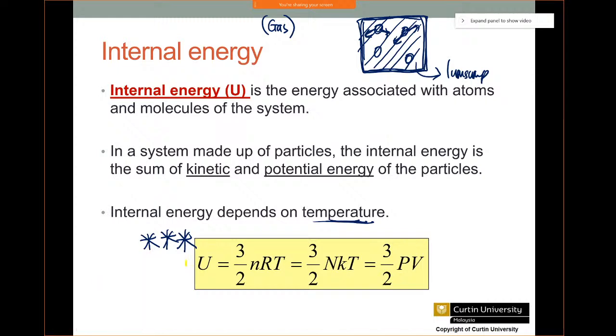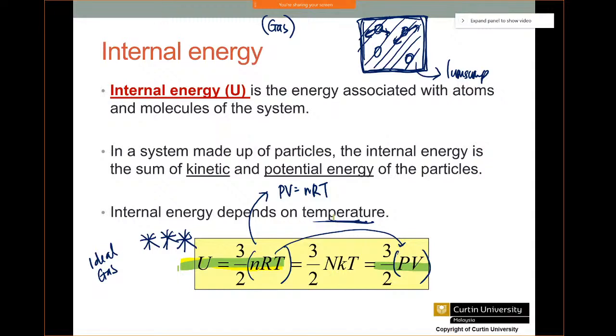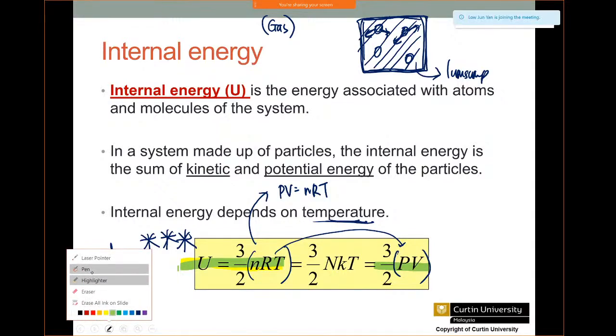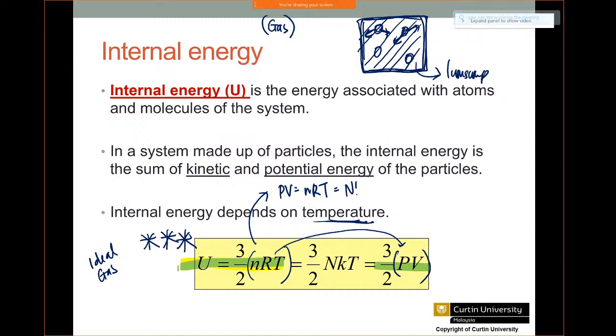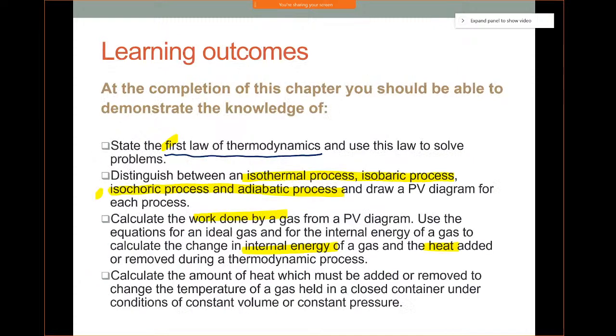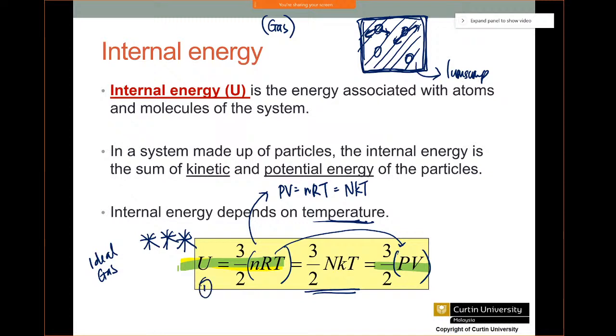This is the most common equation. From the ideal gas equation, PV also equals nRT, so it can also equal 3/2 PV. However, in your syllabus, these 2 are the more common types of calculation that will be in use.